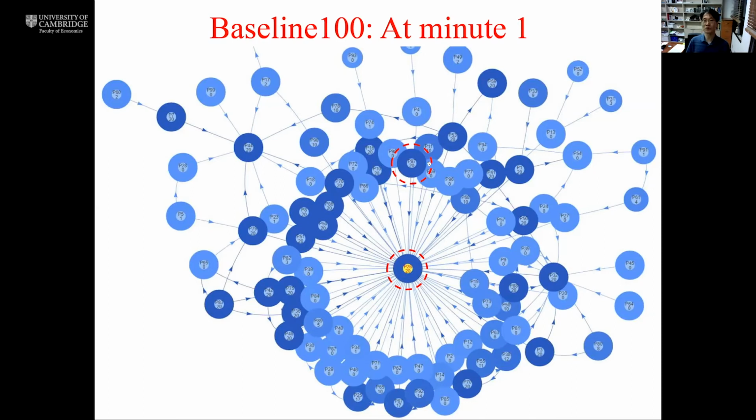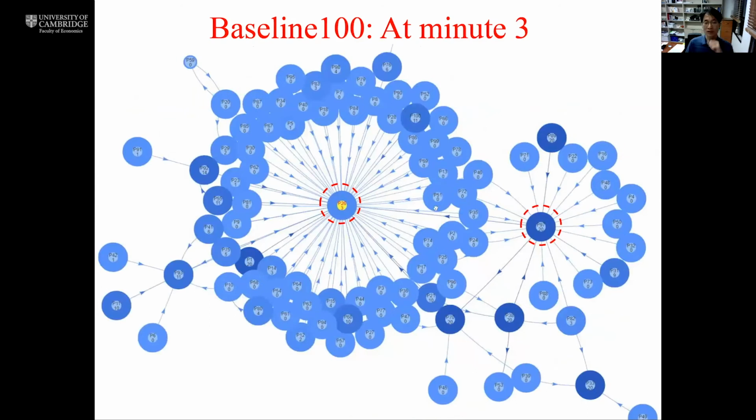Now, what happens in minute 3? At minute 3, P26, who was the hub at the first 1 minute, is reducing her effort from 20 to 3 by minute 3.